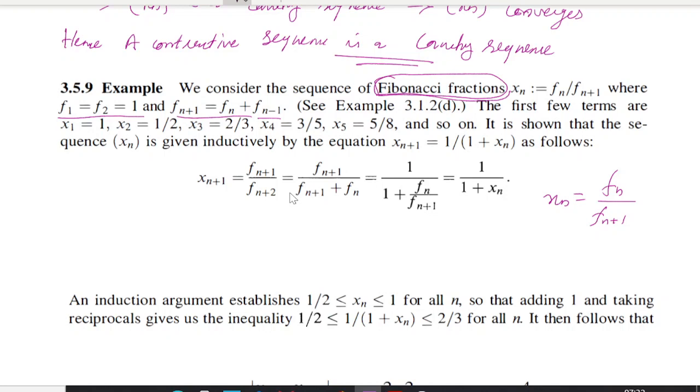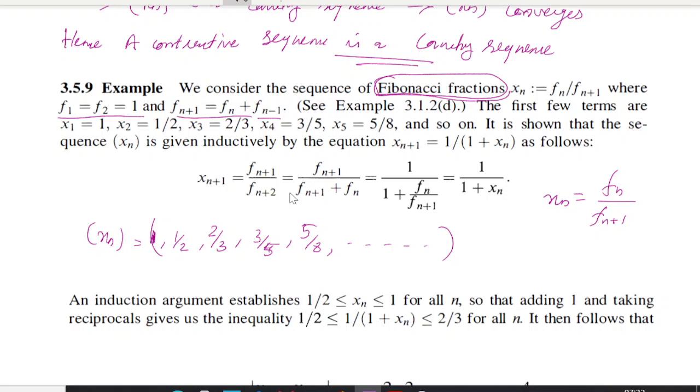Now, the first few terms of the sequence, if you're writing, it should be 1, 1 by 2, 2 by 3, 3 by 5, 5 by 8. That is, our sequence is nothing but xn equal to 1, 1 by 2, next term 2 by 3, next term 3 by 5, next term 5 by 8, etc. Follows from your Fibonacci sequence.